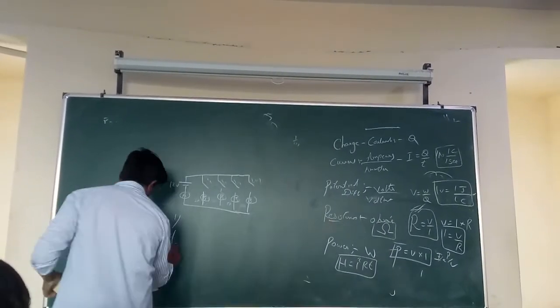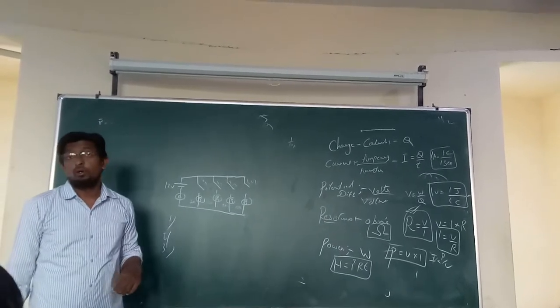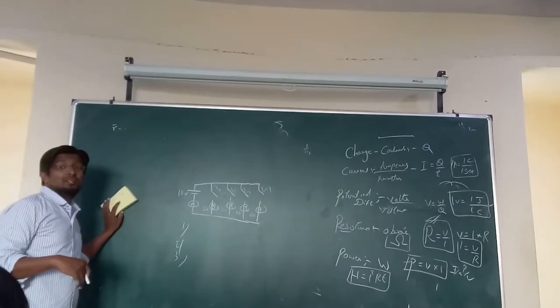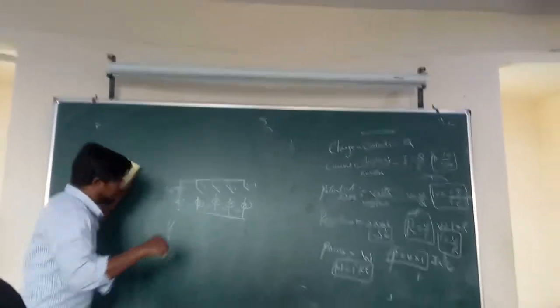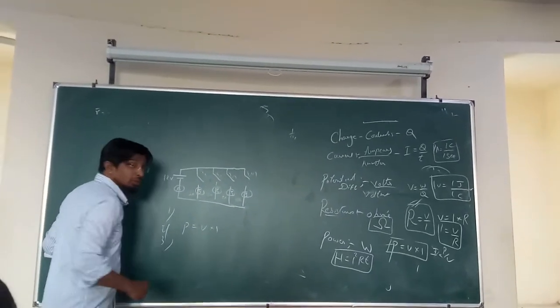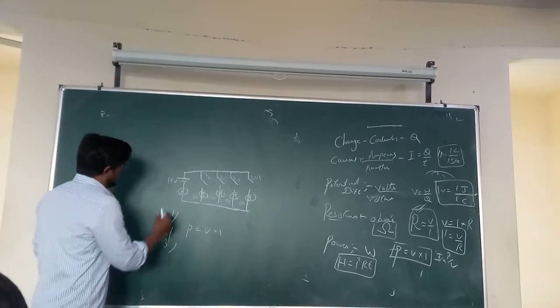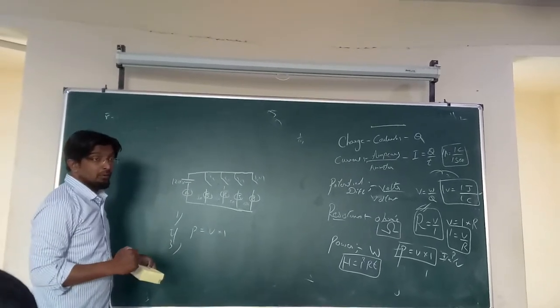Third thing, he'll ask which bulb will glow more. Prove it with calculation. So power is equal to voltage into current, right? And here it's bulbs we are connecting, so 120 volts will be there. Voltage into current.